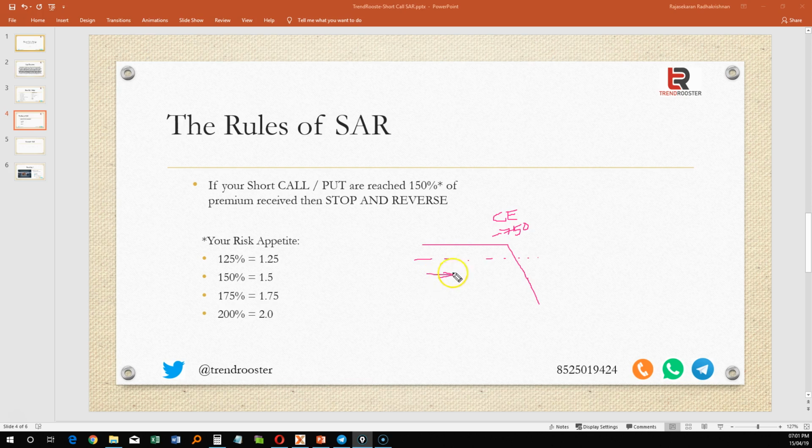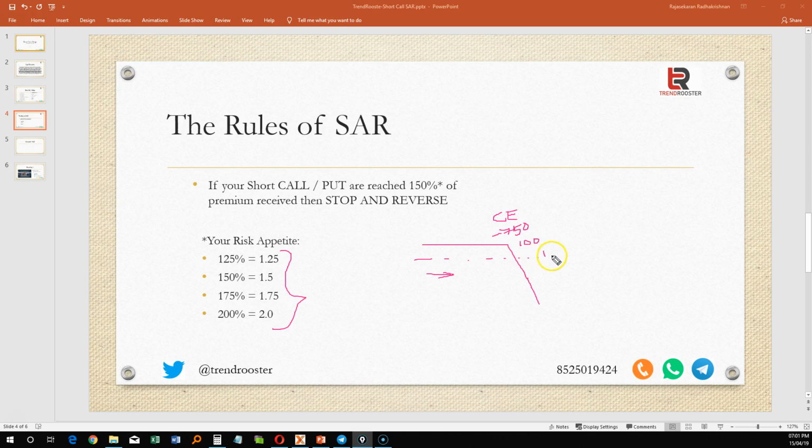The moment the market reaches, or you wait for the 100 rupees premium you received to become 150. So it depends on the factor. I am mentioning 150%, but it depends on your risk appetite. You can do SAR based on your risk appetite. It could be a 1.25 factor or 1.5 or 1.75 or 2, which is 200%.